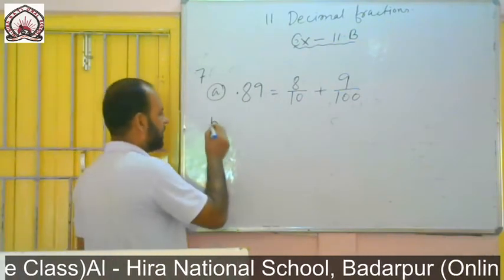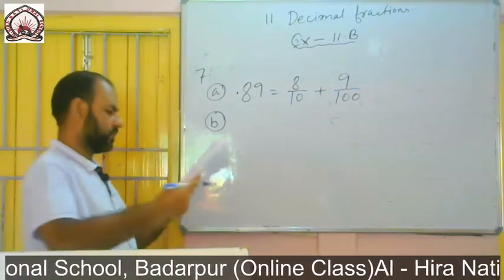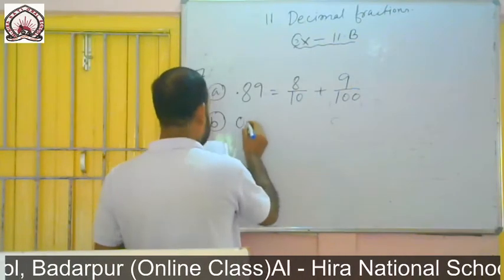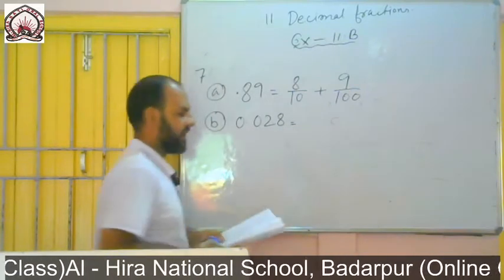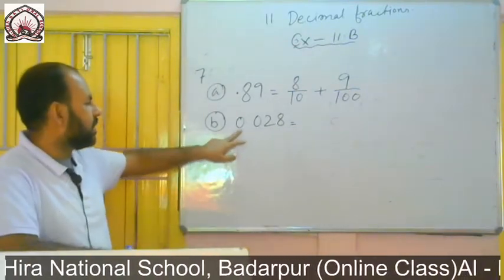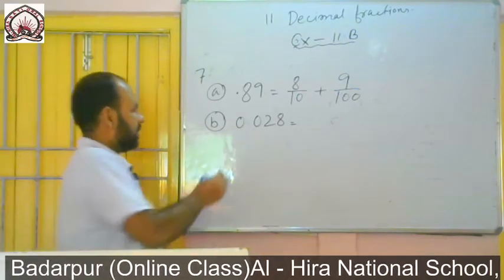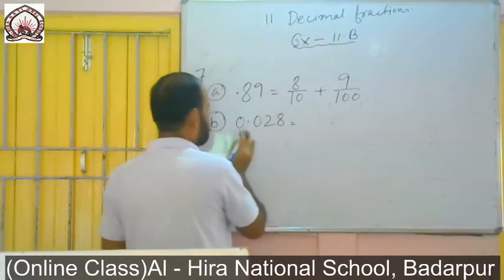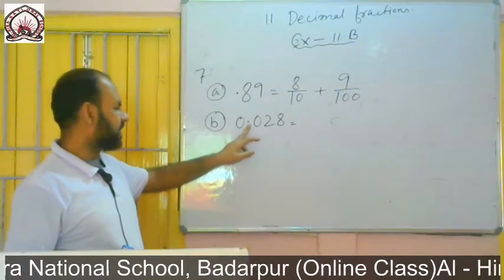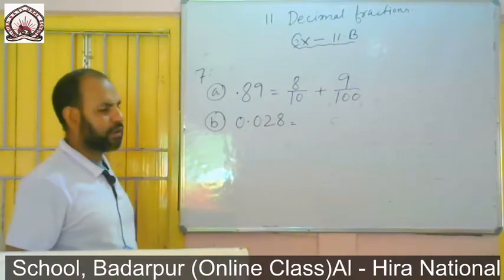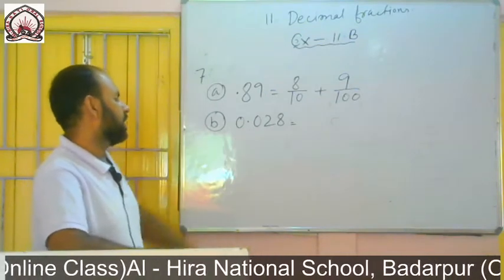Next question number B, 0.028. We write in expanded form here. The 0 before the point is valueless. But after the point, if there is 0 and then one or two more digits, we count its value.